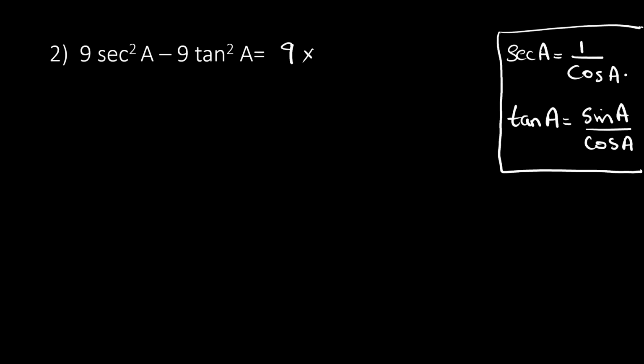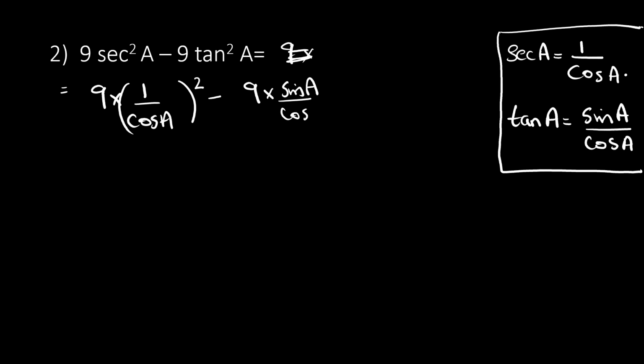Now we'll put this in here, that is 9 into sec A is 1 by cos A, sec square is 1 by cos A whole square, minus 9 into tan square A is sin A by cos A whole square.